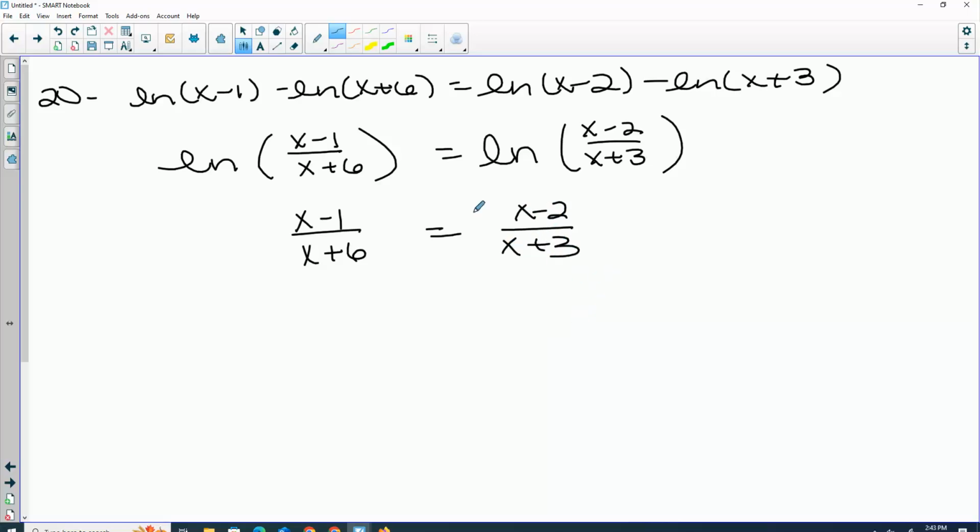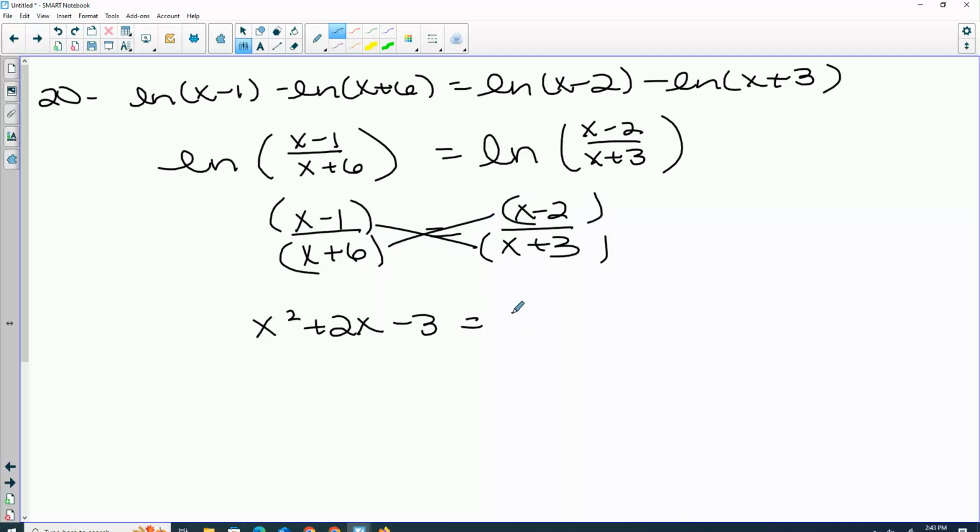Is this helping you guys to go through it? What would we do now? So if I FOIL those, we get x squared plus 2x minus 3. FOIL these, so x squared plus 4x minus 12. Lucky for us, when we subtract the x squared, what happens?